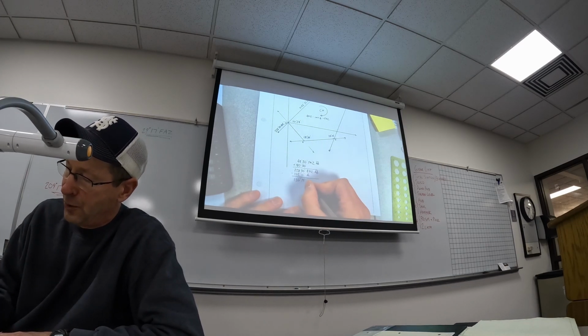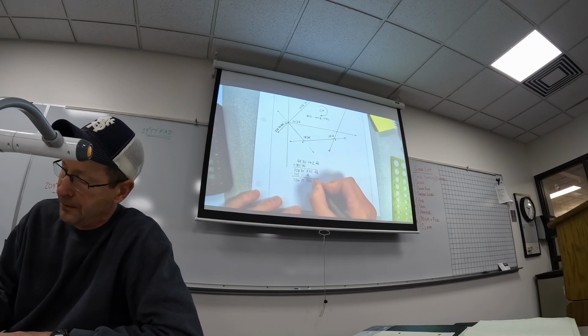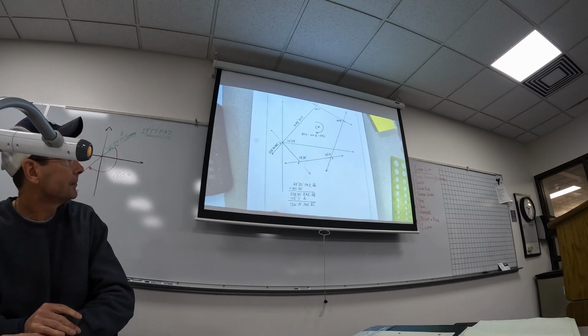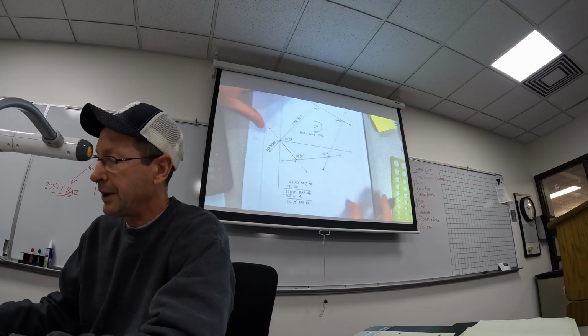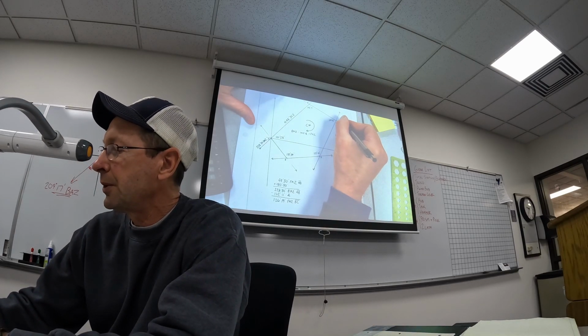And that is now the forward azimuth of B to C. On the screen there, 126.19. We can just run up here now. This is the forward azimuth, now 126.19 minutes. Forward AZ.